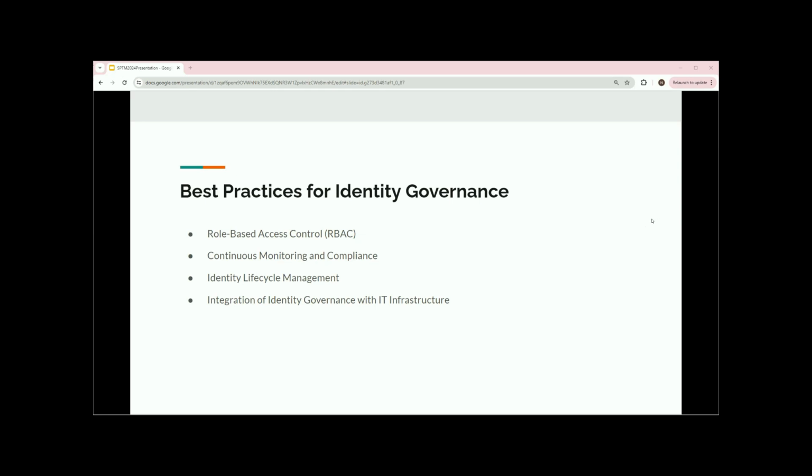Now, let's talk about the next bullet point, which is integration of identity governance in IT infrastructure. Incorporating robust identity governance into the organization's IT infrastructure has become a key component of today's digital landscape. Identity governance encompasses the policies, controls, and technologies required to effectively manage and secure digital identities within the corporate environment.